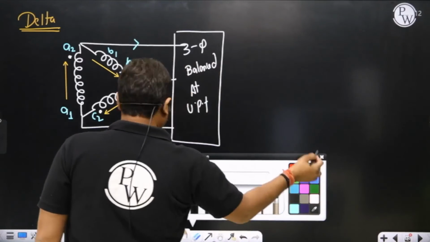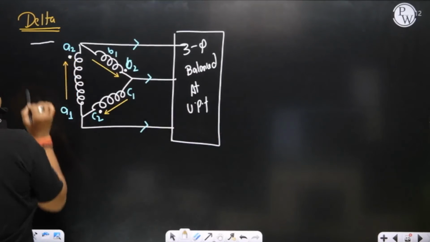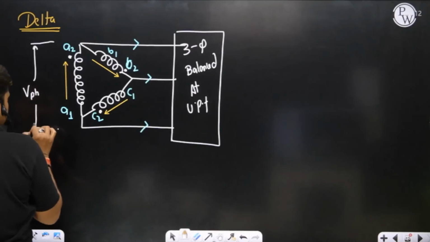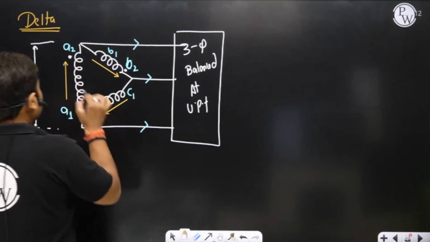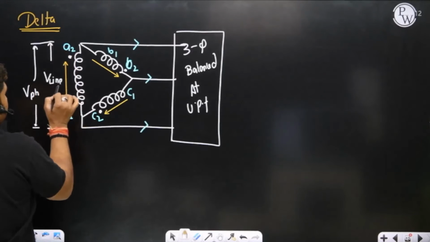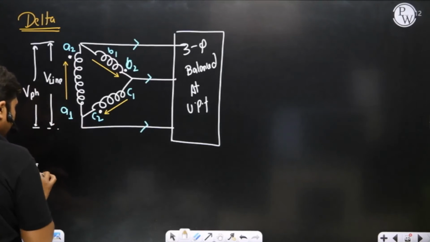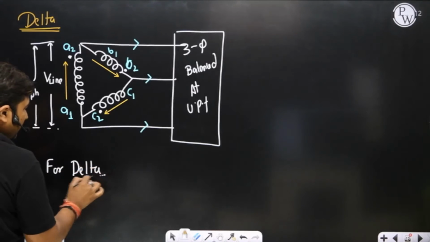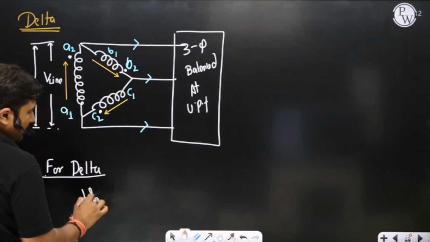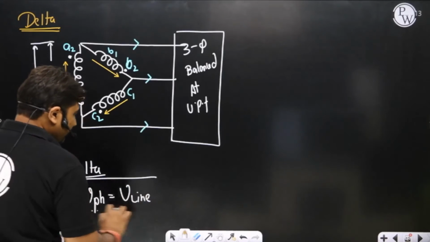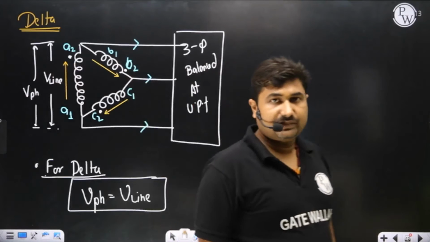Phase voltage is the voltage across the winding. So this is your phase voltage. Yes, sir. And what is line voltage, sir? Between one line and another line. So this is also a line voltage. So in case of delta, it can be clearly observed that phase voltage and line voltage are the same.